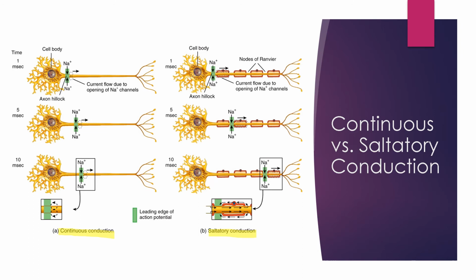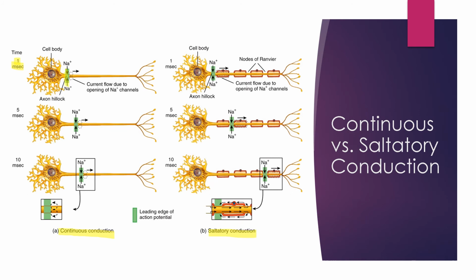So first, in continuous conduction on this left picture here, there's going to be a step-by-step depolarization and repolarization of each adjacent segment of the plasma membrane. So because every single channel has to open, in a few milliseconds, the action potential doesn't move very far. So we can see here at 1 millisecond, it's right here.